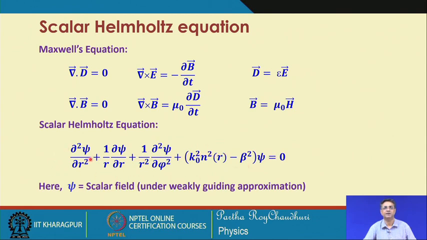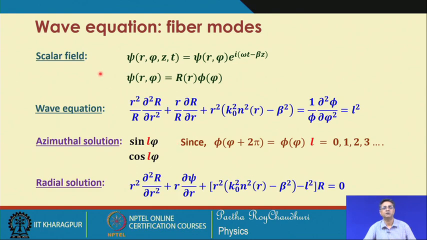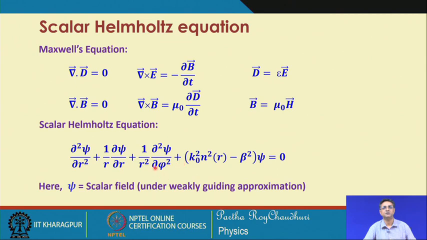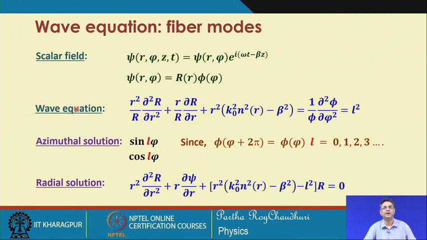So, we write in cylindrical coordinates the scalar Helmholtz equation, and psi is the scalar field under the weakly guiding approximation. So, we assume the solution, the radial part and the azimuthal part, can be written in this form. If we plug this into the wave equation, then we can write the wave equation in this form, and this gives you the azimuthal solution.